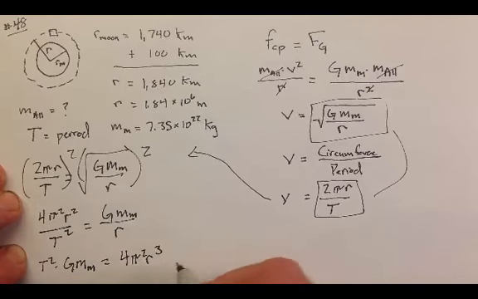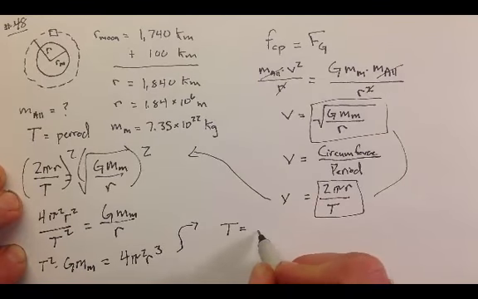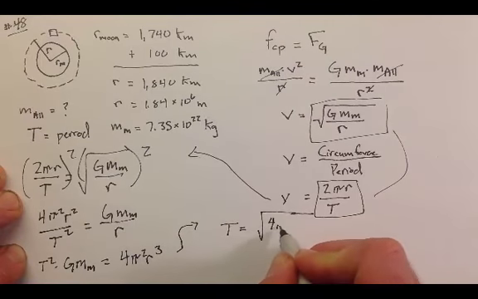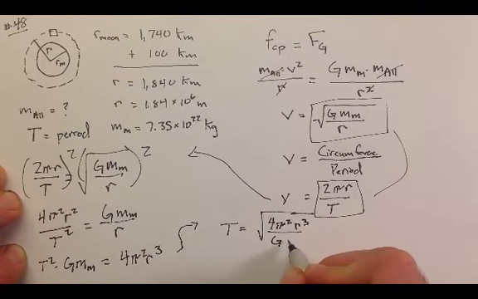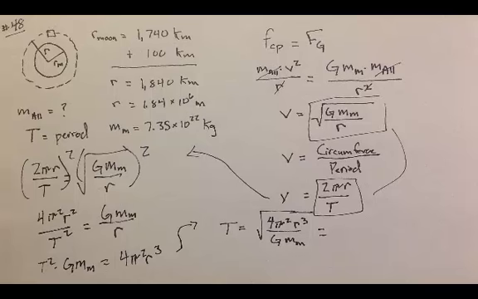And of course, if I do a little more algebra here, I get that big T is equal to the square root, holy cow, this is a big expression, of 4 pi squared r cubed divided by big G times the mass of the moon, okay? And if I plug all of those numbers in, I will get an answer for that.